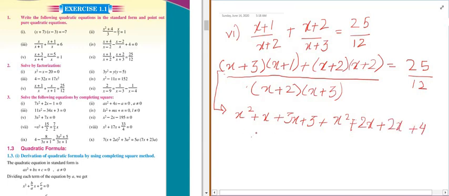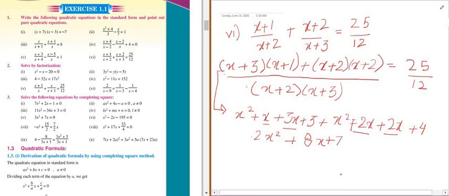This becomes 2x square, plus 8x, and the constant terms are 3 and 4, which becomes 7. Sorry, this is 7, a constant term. There is no x. Okay.